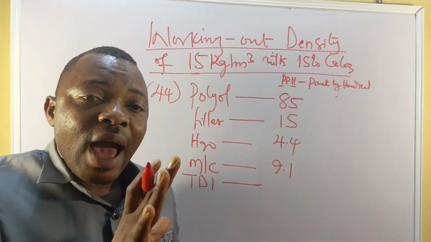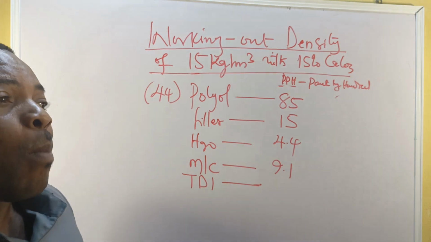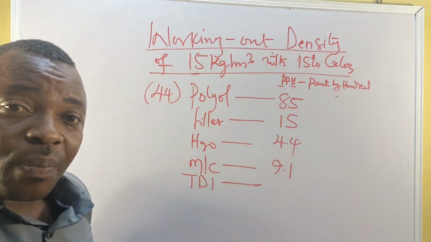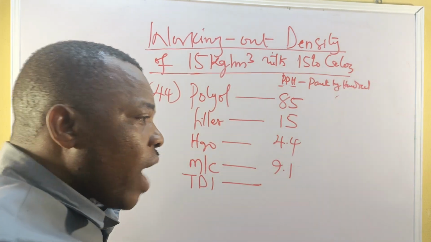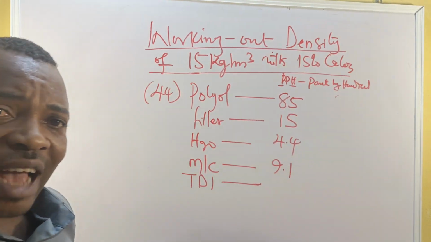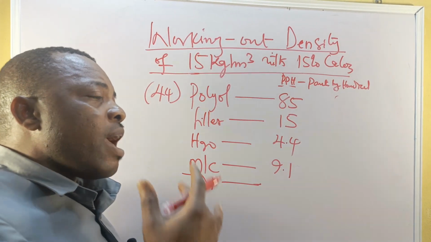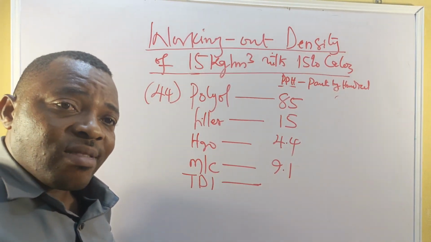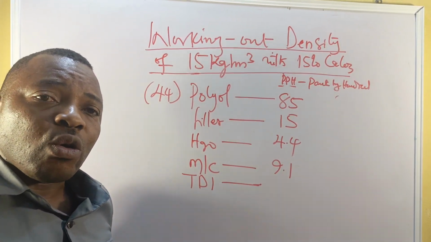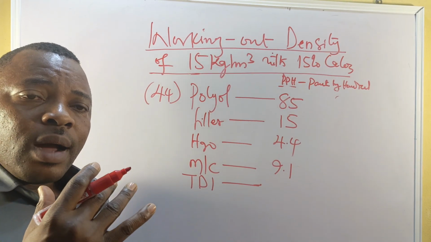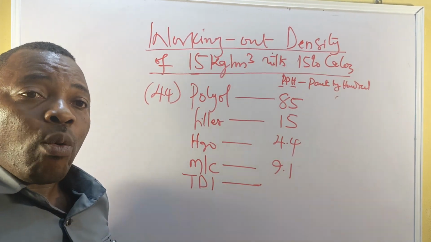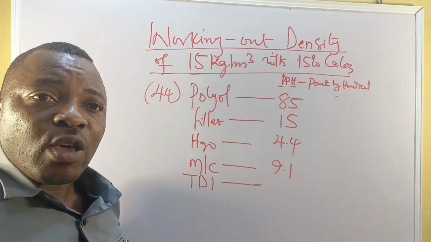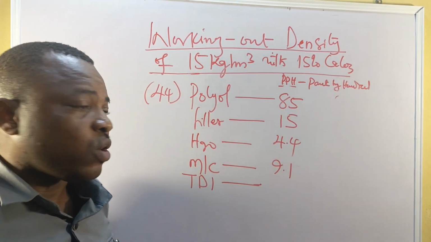Go back to my previous lesson on foaming reactions, how TDI reacts with water to form CO2, the gaseous reaction, and how the same TDI reacts with polyol to form urethane, the polymerization reaction. Those are the two basic reactions of foam, but there are others, so go online and check the chemistry of PU foam. You have a lot of information there.